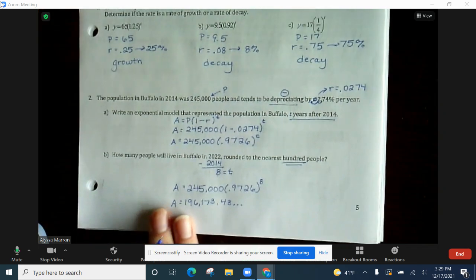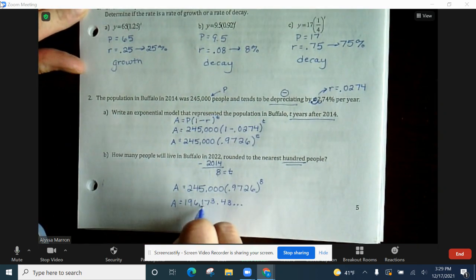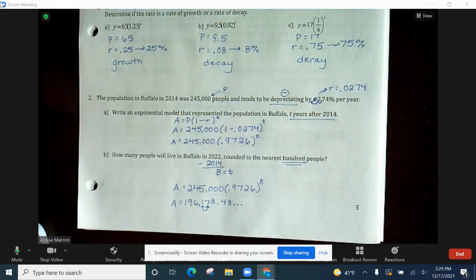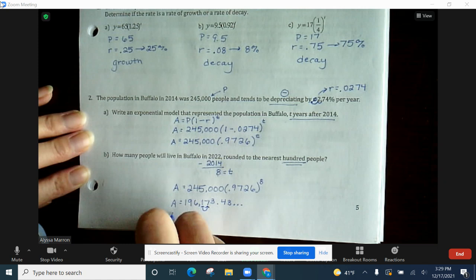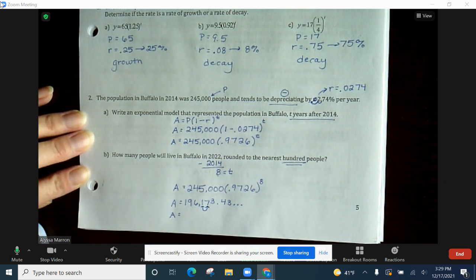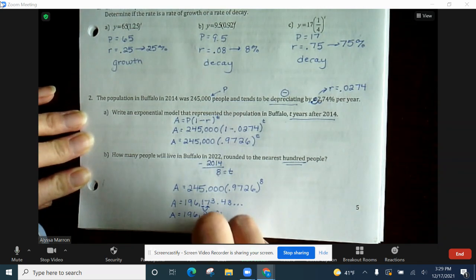So the nearest hundreds: this is ones, this is tens, this is hundreds. So that 1 is up for possible rounding. I look over to the right, that 7 tells me to round that 1 up to a 2. So our population in Buffalo, according to this model, would be 196,200 people.